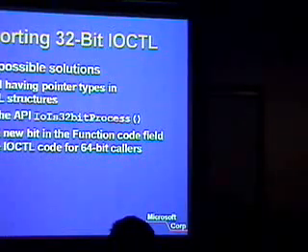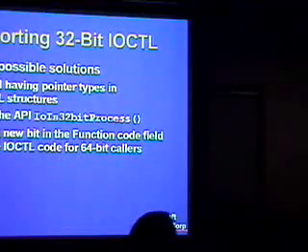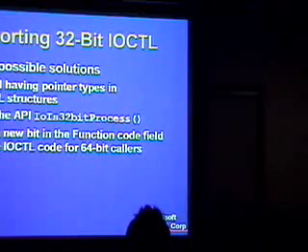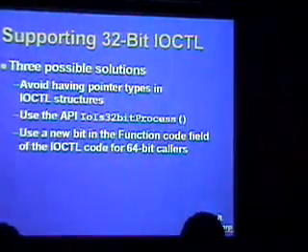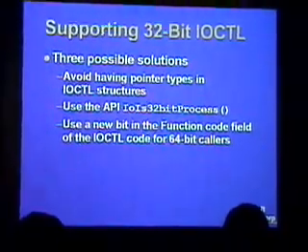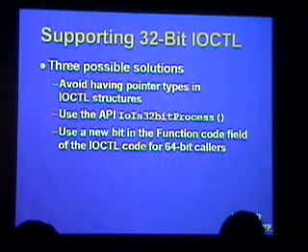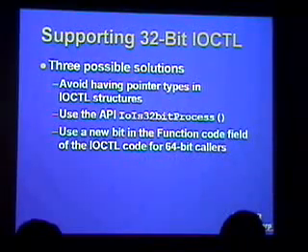If you use this API and pass the IRP as a parameter, it will return true if the original IRP issued by the I/O manager came from a 32-bit process. So then you know that if it was an I/O control, you can look at the buffer, know that it came from a 32-bit process, and treat it accordingly. A third method is to use the new bit in the function control code field in the I/O control. So I have some examples on these two types.